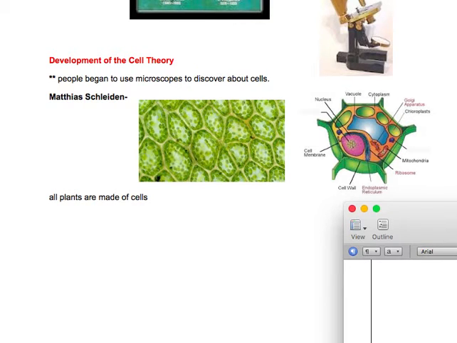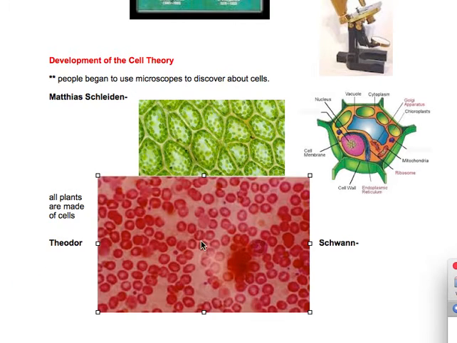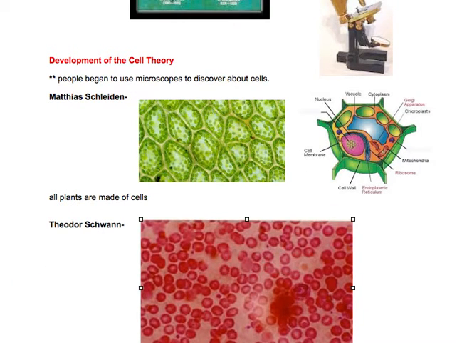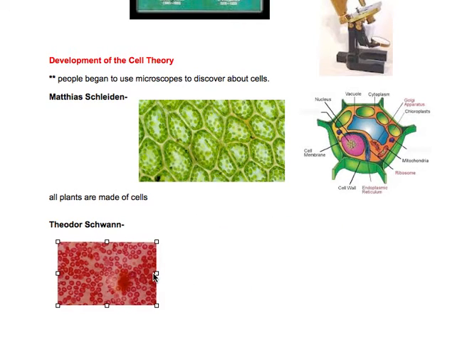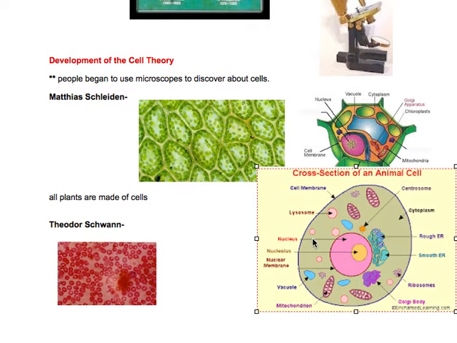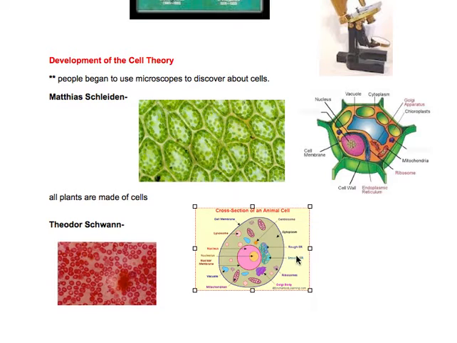Then came another guy, Theodor Schwann, who took a lot of time looking at different animal specimens, and he saw something familiar over and over again. And here's an example. This is an animal blood cell, and he came up with the idea that, okay, well, all animals are also made out of cells, just like my buddy Schleiden said that all plants are made of cells.